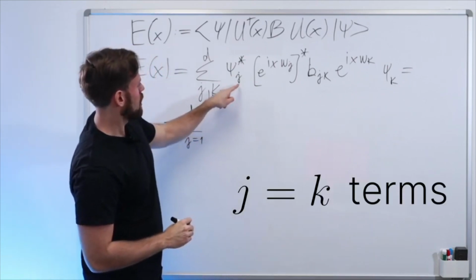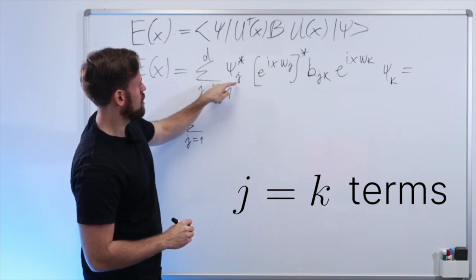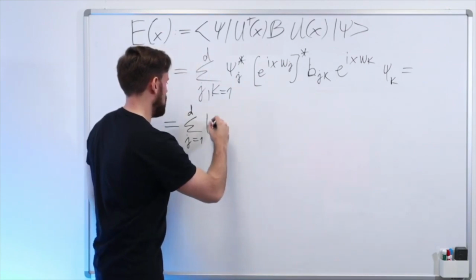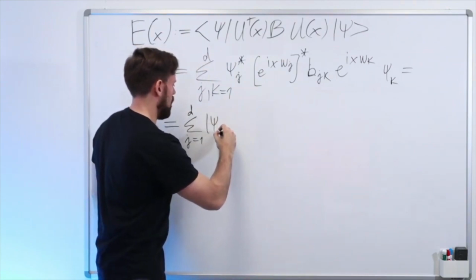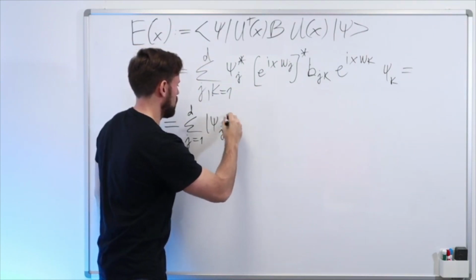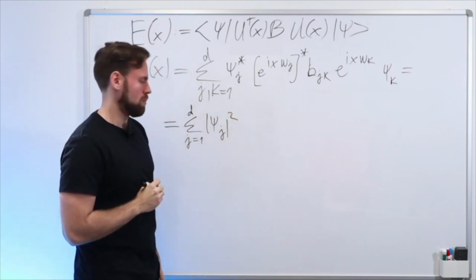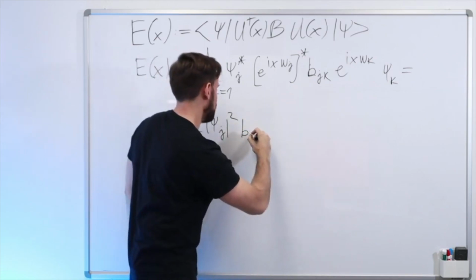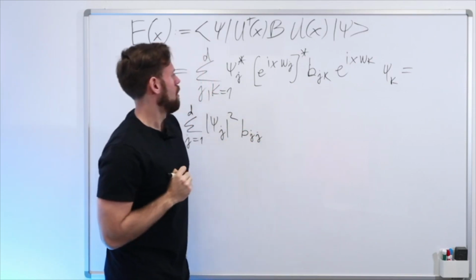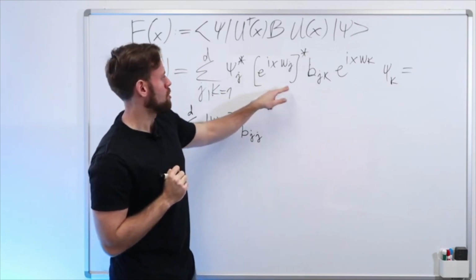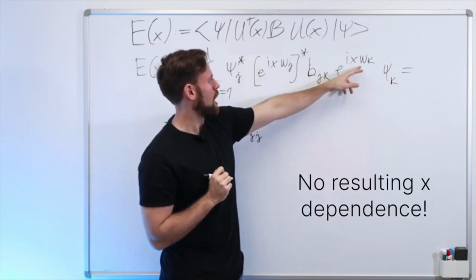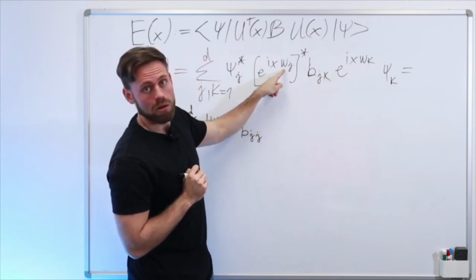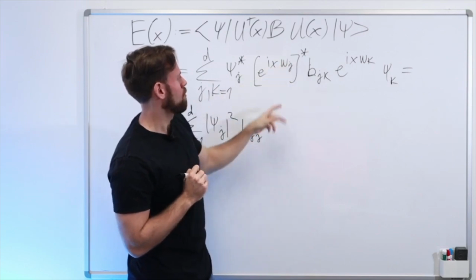And if j equals k, what we have is psi j conjugate times psi j, which is going to be the magnitude of the psi j component squared times b jj. And if we have a look at the x-dependent terms, they will cancel out because we have omega j here minus omega j here because of the conjugation.